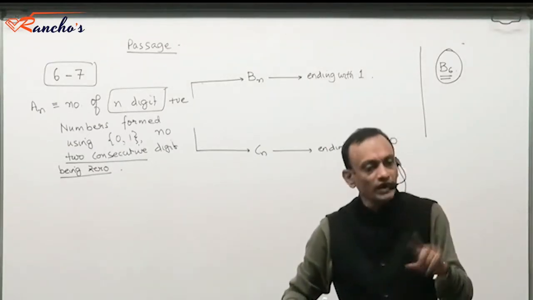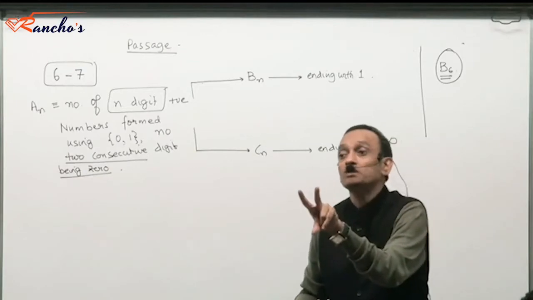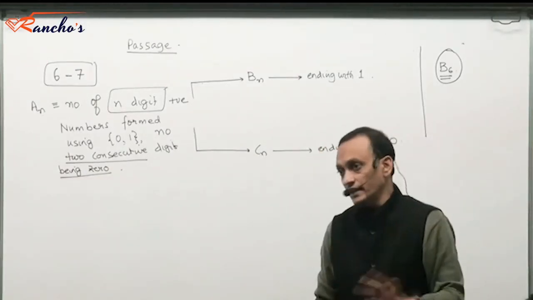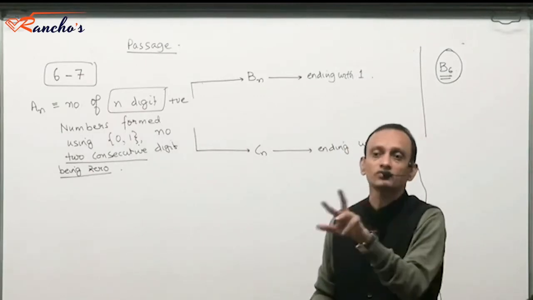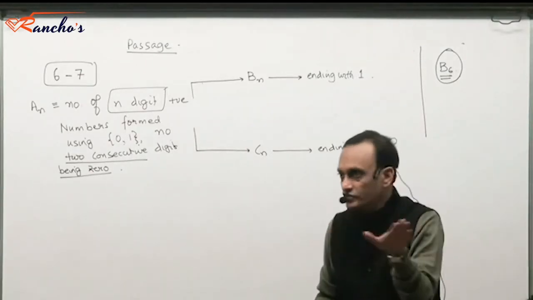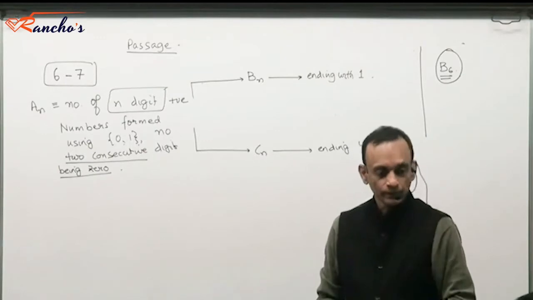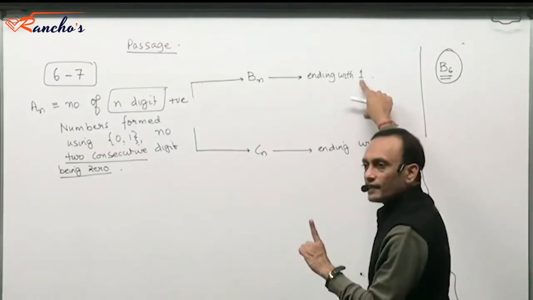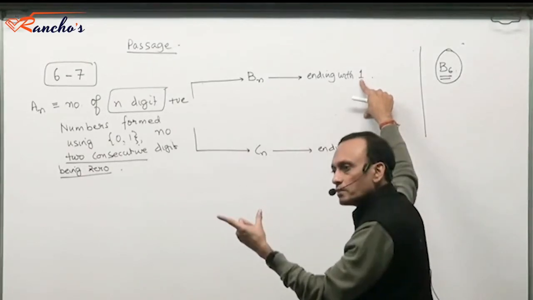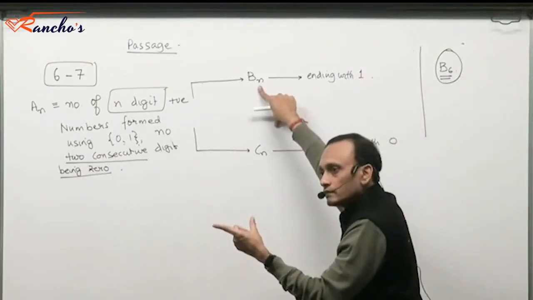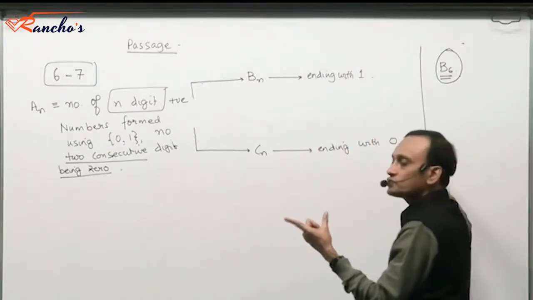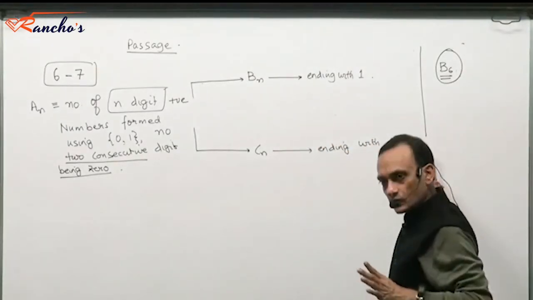They can be consecutively 1, they can be 1 0 0 1, but not 0 0 featuring anywhere in the string, right? Out of these, some end with 1. The number of such numbers ending with 1 are designated by BN. The count CN refers to those that end with 0.